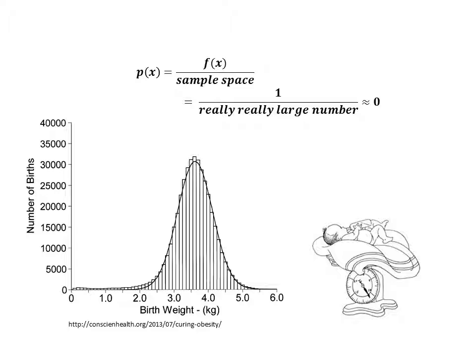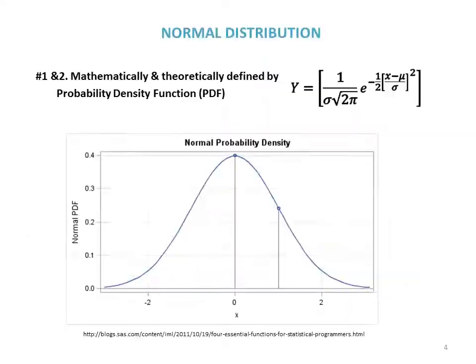If we use the same formula to predict the probability of a certain weight, the denominator will be a really large number, and the numerator will be 1. Effectively, the probability will be 0, and that's useless to us. Therefore, we have to use another approach to estimate the probability. The equation we use to calculate the probability of a continuous random variable is called the probability density function.